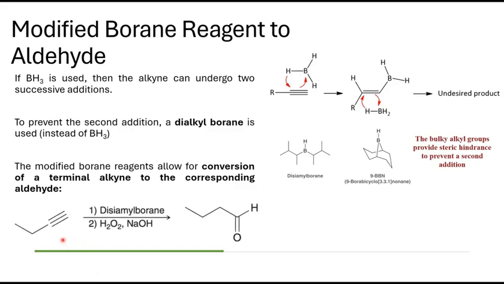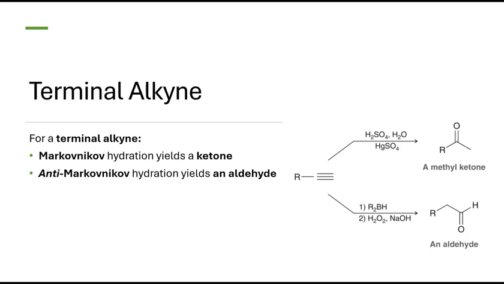For example, here we have this alkyne. With the reagents, we're using a modified borane, which will result in the aldehyde. The terminal alkyne. For terminal alkynes, Markovnikov hydration will yield a ketone. So here's our terminal alkyne, Markovnikov addition.